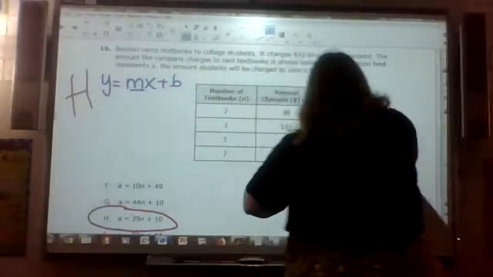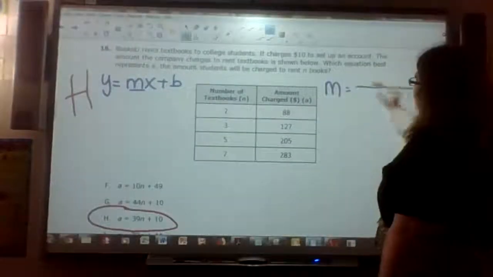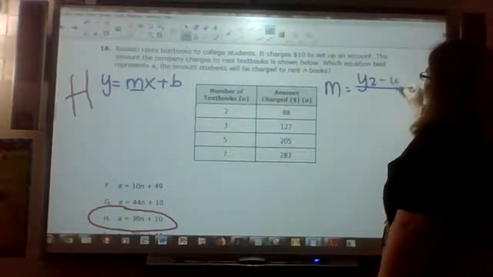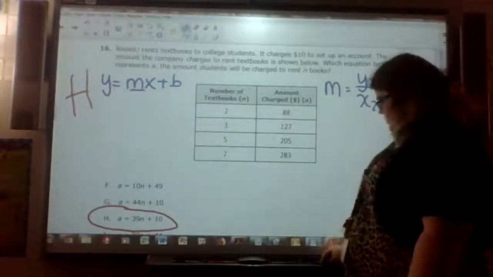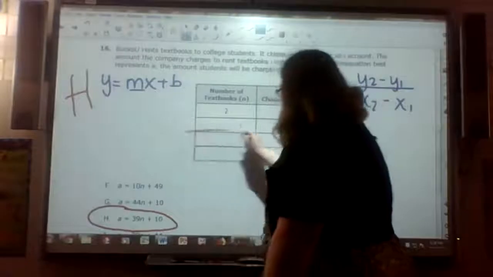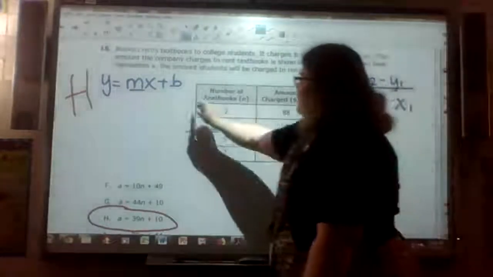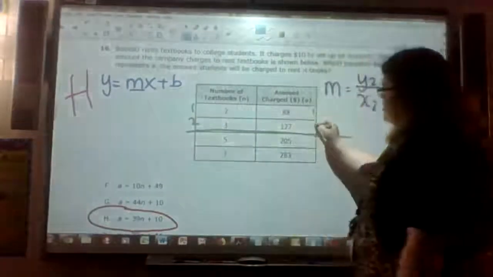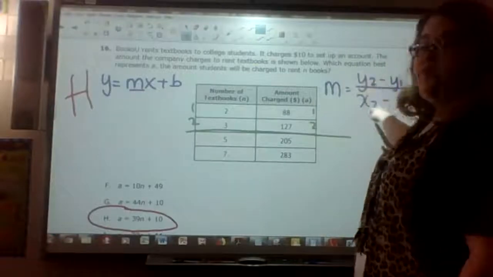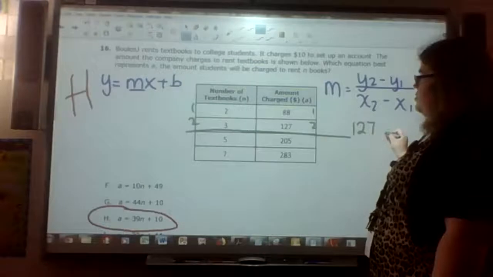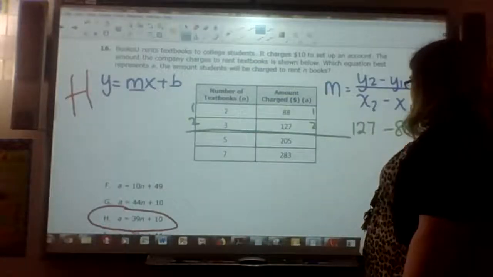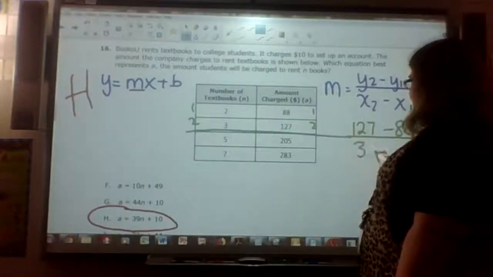Slope: y2 minus y1 over x2 minus x1. Take your 2 points, your first and your second, and plug it into your formula. So 127 minus 88 over 3 minus 2.